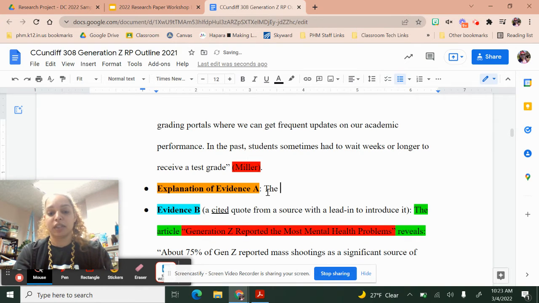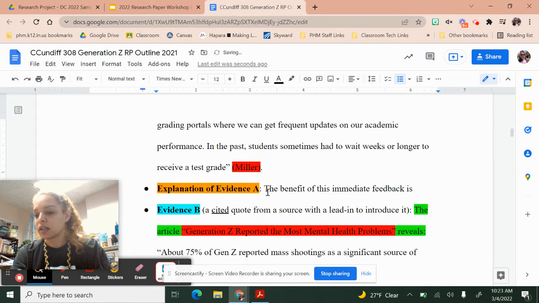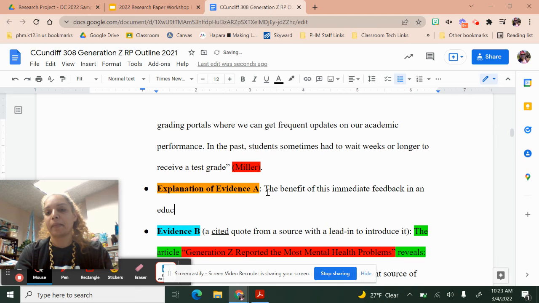Okay, so I'm going to say the benefit of this immediate feedback in an educational setting is that it often leads to better academic performance.